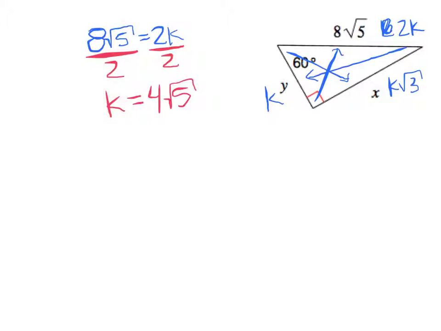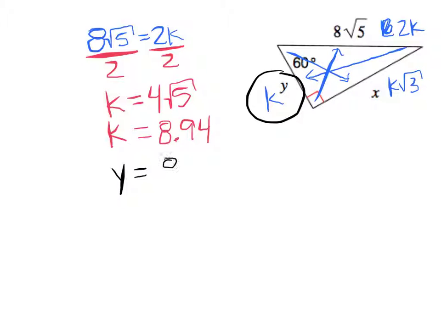If we're going to use a decimal, we can do that, although our answer is going to get rounded all weird. If we use a decimal, the decimal for this would be 8.94. That actually helps me out a little bit, because if we look over at our triangle again, we have y is k. So the side y is 8.94.